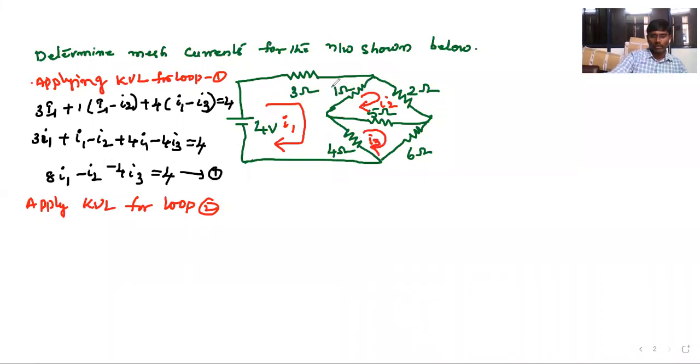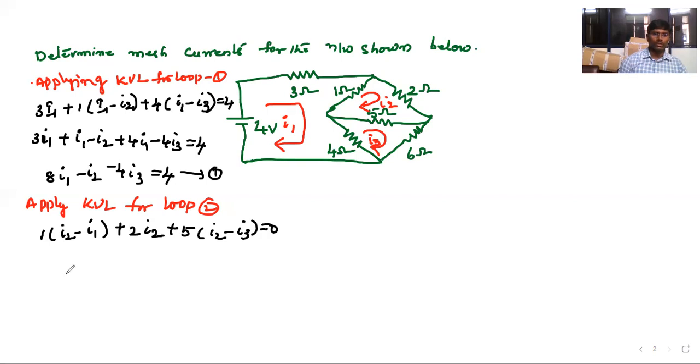I2 minus I1. So therefore 1 into (I2 minus I1) plus 2 into I2 plus 5 into (I2 minus I3) is equal to 0.